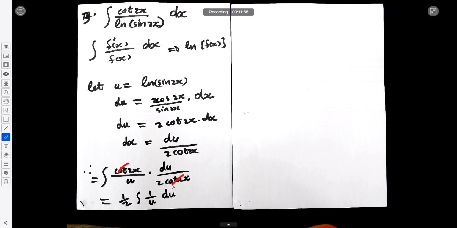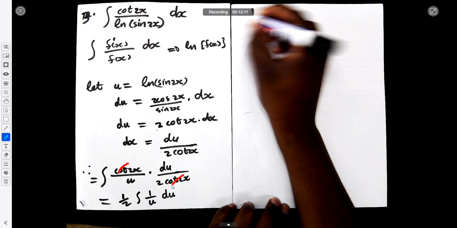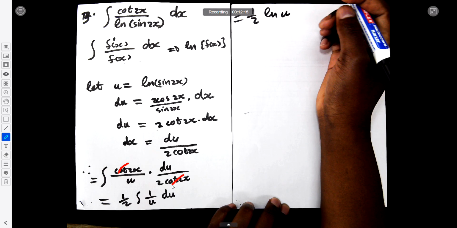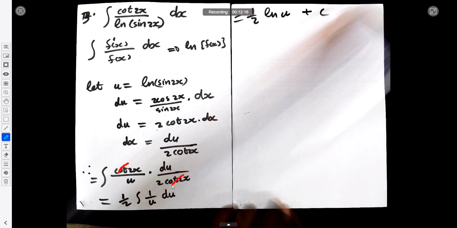So you could want to think of the power rule, isn't it? But we said the power rule is applicable when n is not equal to -1. So we know that this came from the derivative of ln of the denominator, ln u, plus c.